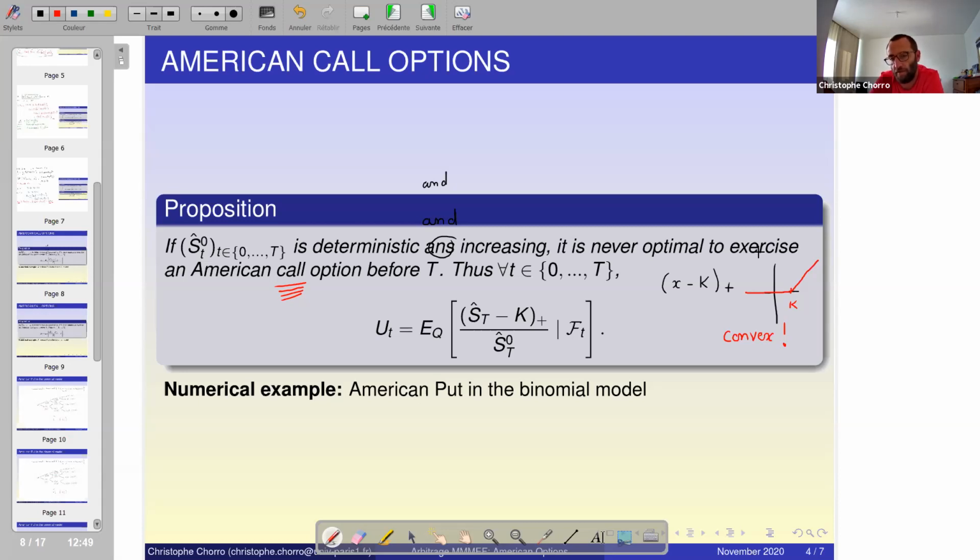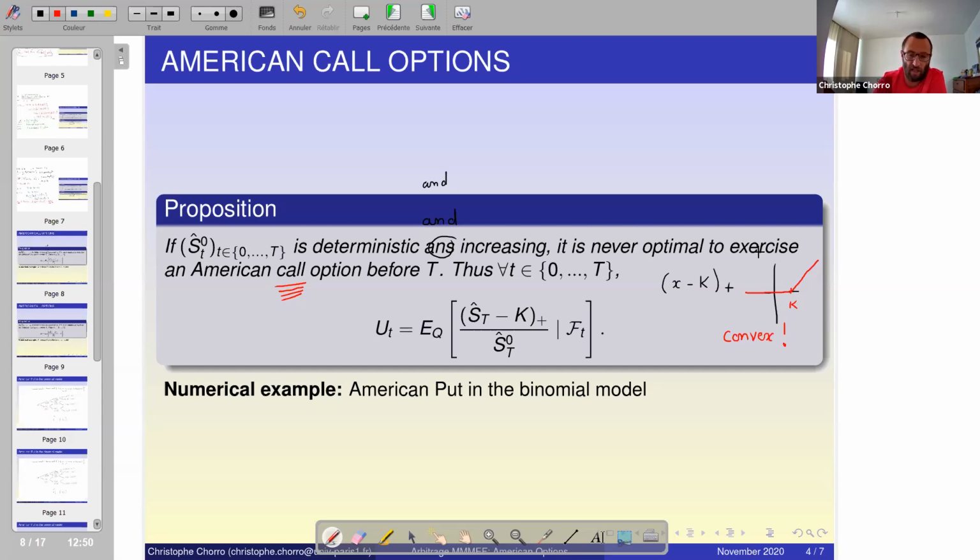So it is never optimal to exercise an American call option, but in fact any American option with a convex payoff. What is the meaning of this? If it is never optimal to exercise before the maturity, the only possibility you will have is to exercise or not at capital T. And so in this case, your American call option is none other than a European one.